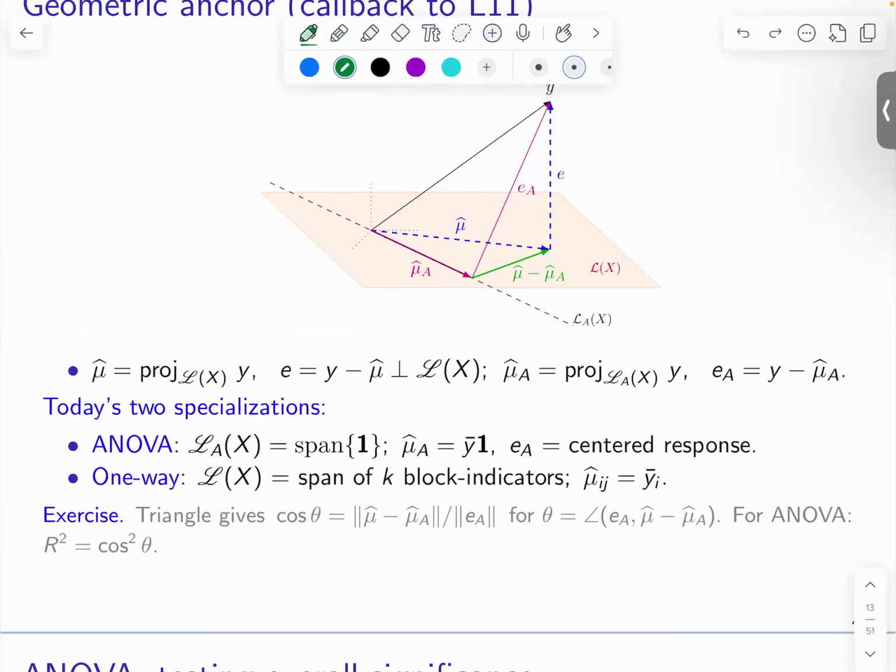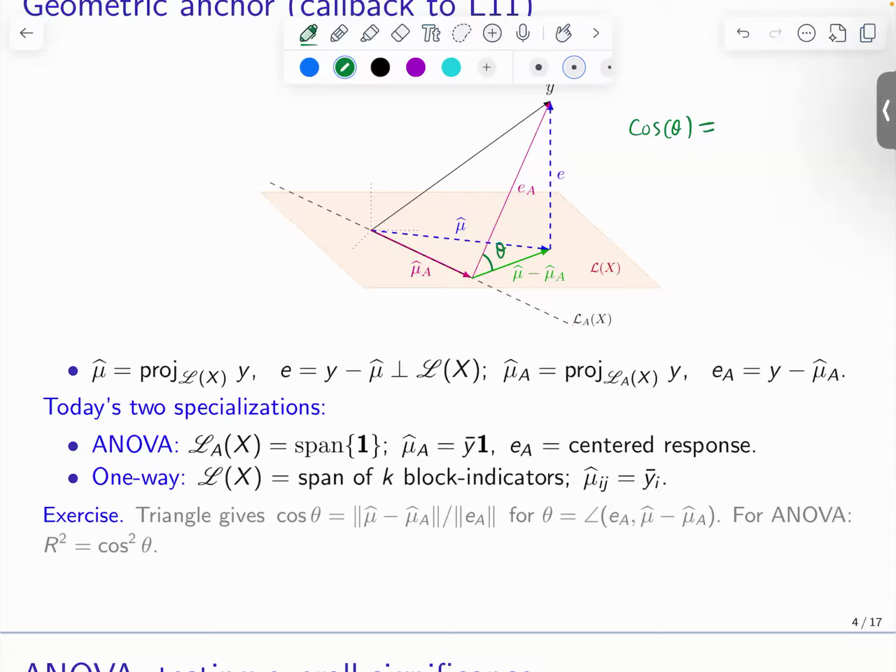The thing about this picture that I'm going to use briefly, especially in the ANOVA case, is this angle. So the angle between EA and mu hat minus mu hat A. If you know a bit of trigonometry, you can write some expression for the cosine of the angle.